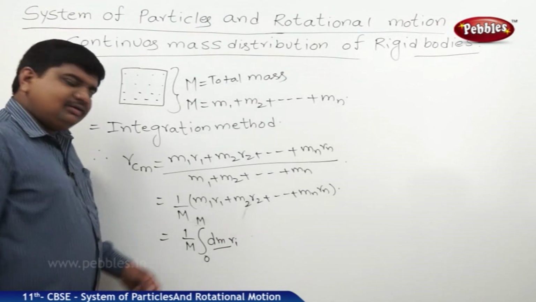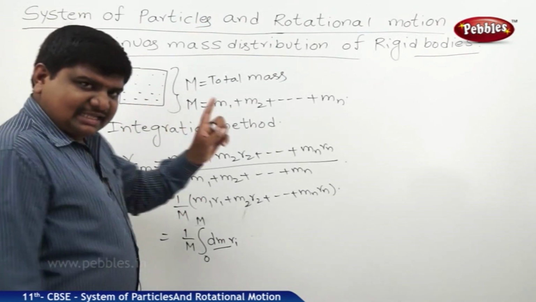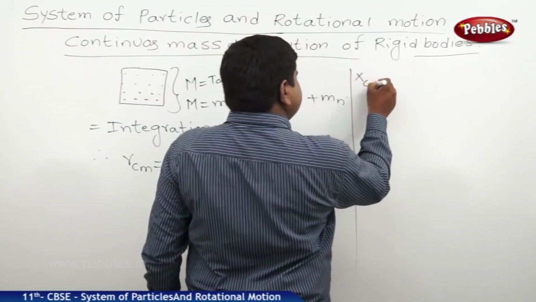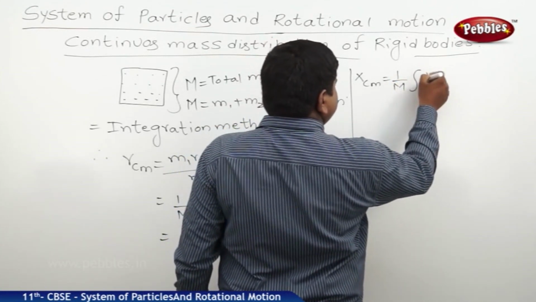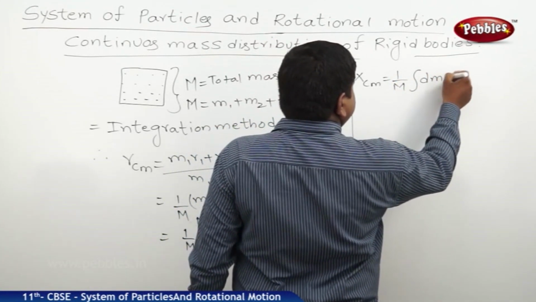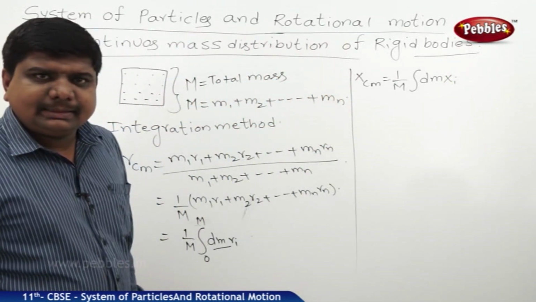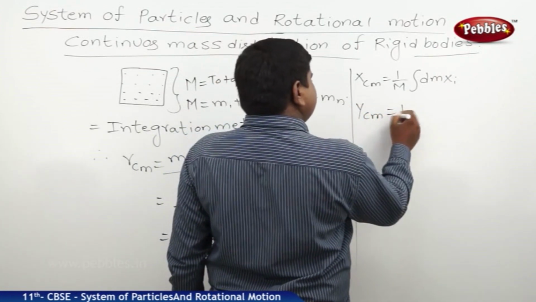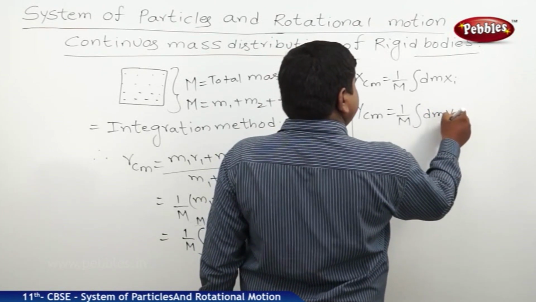Suppose you want to find the position of the center of mass or the distribution of the mass along the x-axis, it will be written like this: x CM is equal to 1 by capital M into integral dm xi, where i is equal to 1 to n. If it is along the y-axis, y CM is equal to 1 by M into integral dm y.